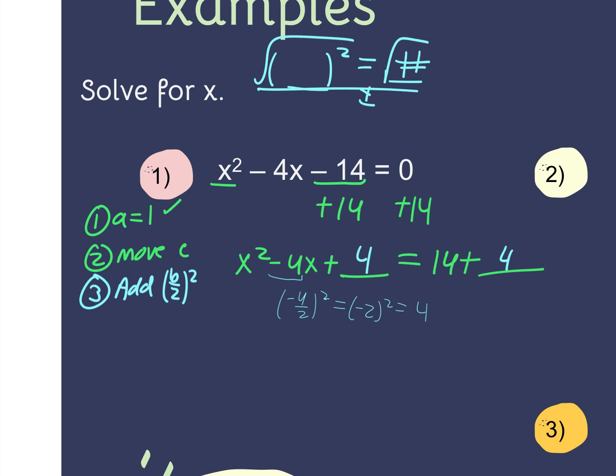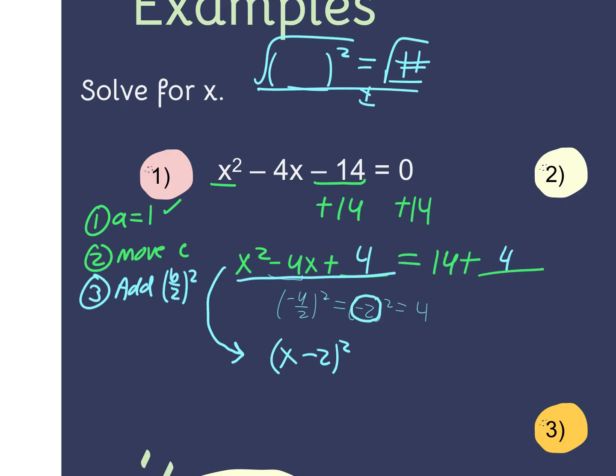This left side of the equation is always going to become a perfect square trinomial. We see factors of 4 that add to negative 4: negative 2, negative 2. It's always going to be the same thing, and it's always going to be whatever you did when you did b over 2. So if b over 2 is negative 2, it's going to be x minus 2 squared. So this became this. Are you okay with that part?